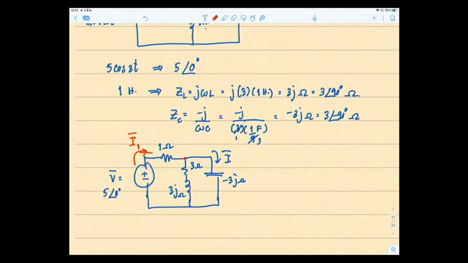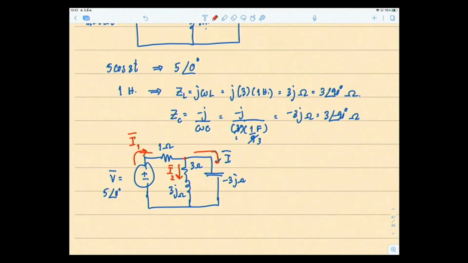It reaches this junction right here, and of course it will split into I here and into this other branch, so two ways. I'm going to call this I2. So if I is split out of I1, then I can use the current divider.